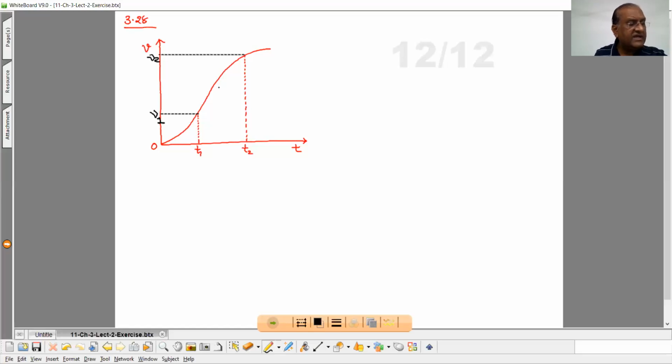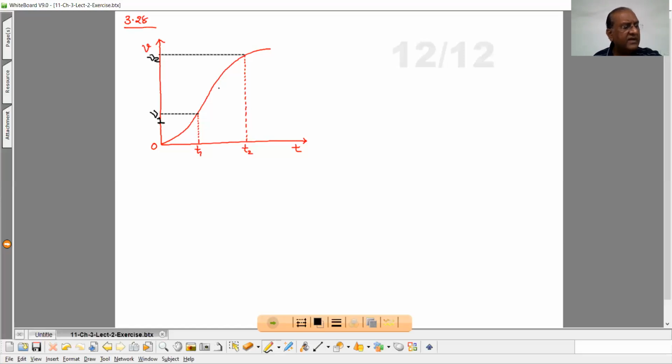C, v average, that is x at t2 minus x at t1 upon t2 minus t1. Yes, this is a generalized equation for any type of motion, whether the acceleration is constant or not. Okay, so that is as per the definition of average velocity. So we can use this equation to describe any type of motion.